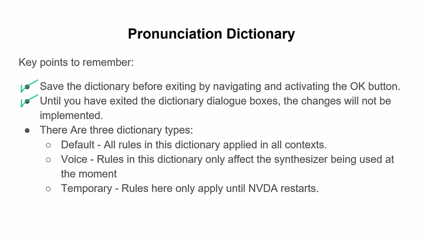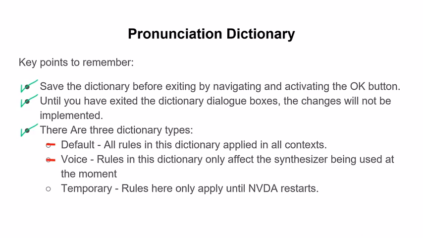One final thing is that there are 3 dictionary types. There's the default dictionary, which applies all the rules in the dictionary in all contexts. There's the voice dictionary. Rules in this dictionary only apply to the specific synthesizer being used at the moment.